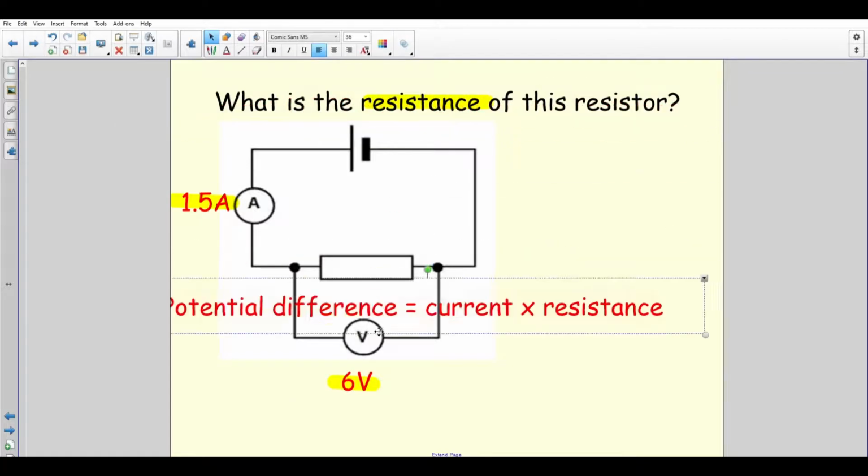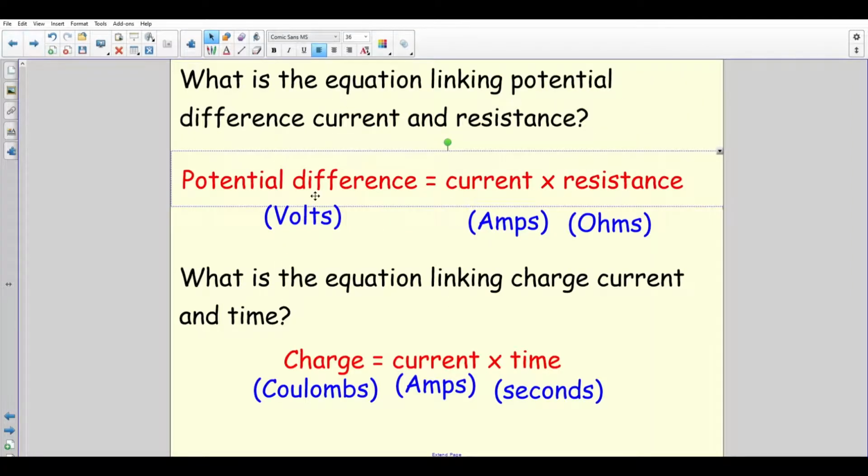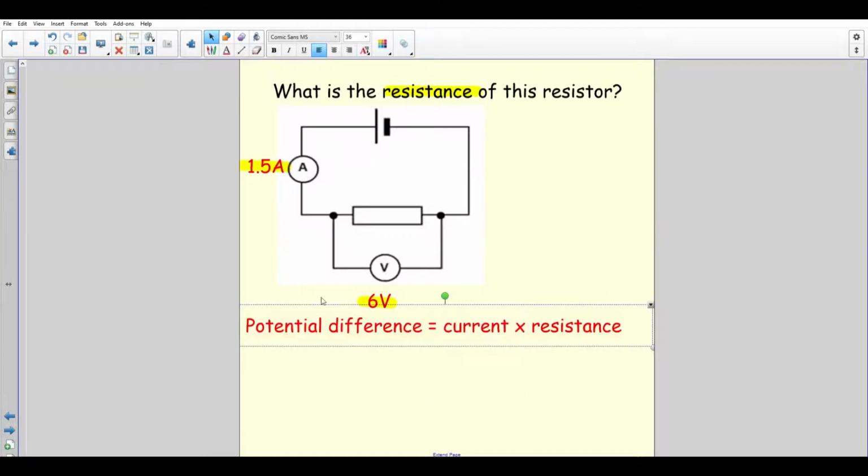So if I put that at the bottom and make the page bigger. Remembering I need my potential difference in volts, current in amps, resistance in ohms. My potential difference is in volts, excellent, and my current is in amps, even better, so I don't need to do any converting. All I need to do is put my numbers in.